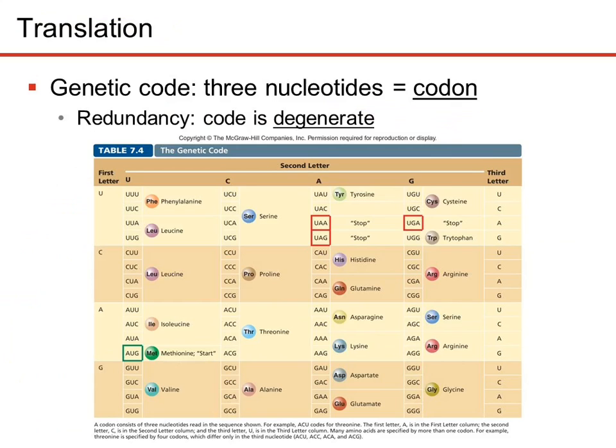Before we start looking at translation more closely, let's look at the genetic code just a little bit. You should know from other classes that the genetic code is read with 3 nucleotides, and those 3 nucleotides that are read together we call a codon. We call it a codon because it codes for an amino acid, and that's how it got that name.